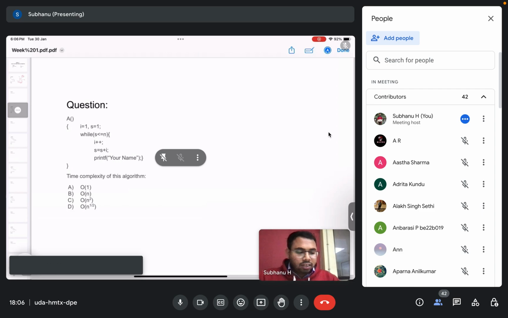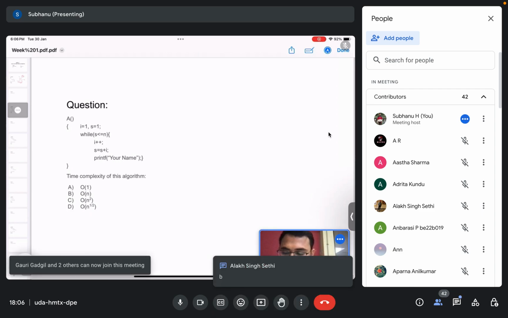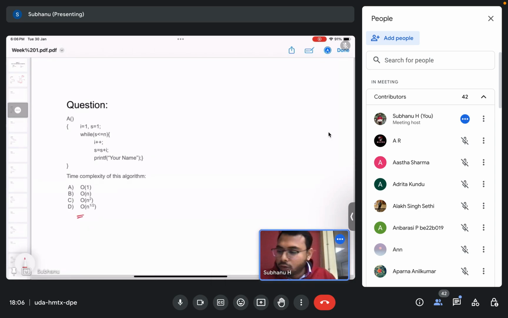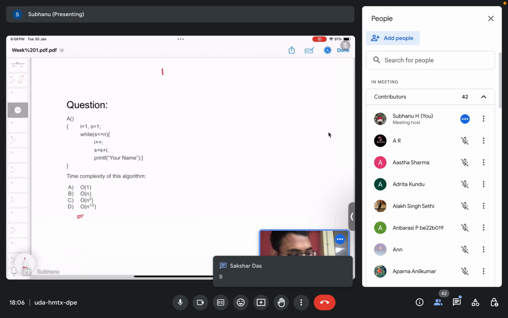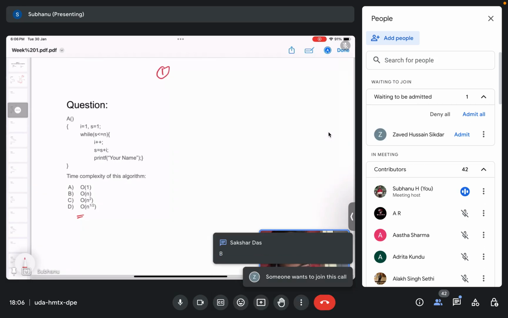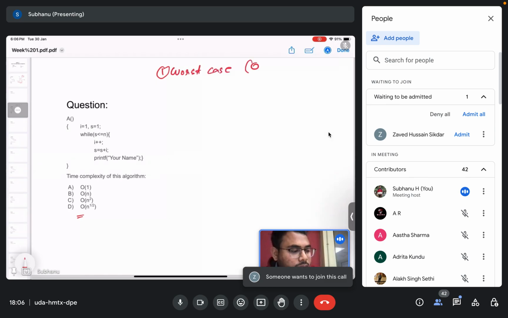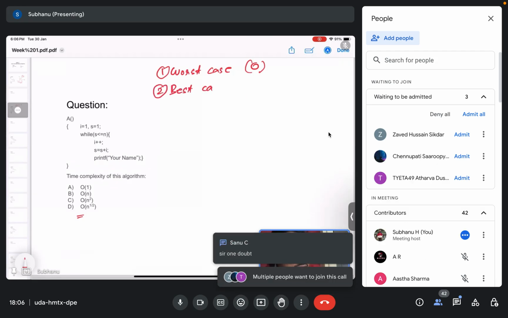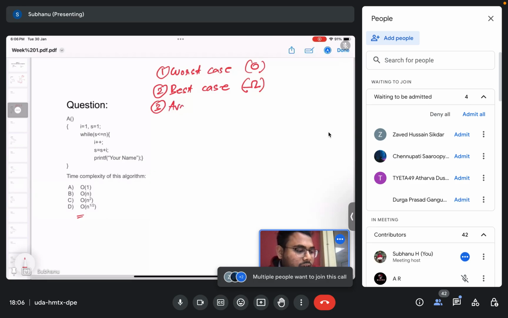This is our second question. I think you are all familiar with the big O notation. As you know, there are three kinds of notation. One is worst case time complexity, which we denote by big O. Second is best case time complexity, which we denote by big omega, and third is average case time complexity, which we denote by theta.